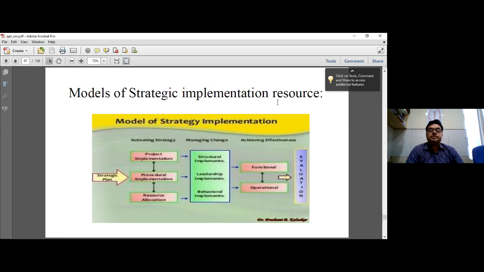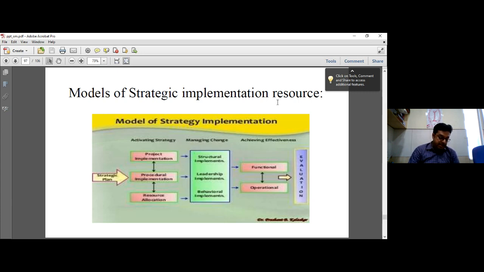Achieving effectiveness and functional and operational implementation. So any plan ultimately would lead to evaluation.